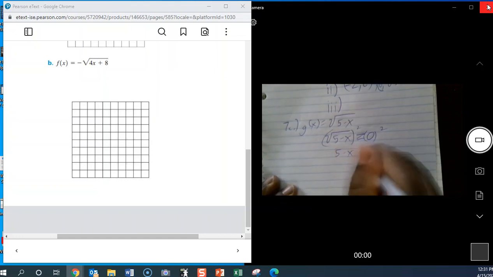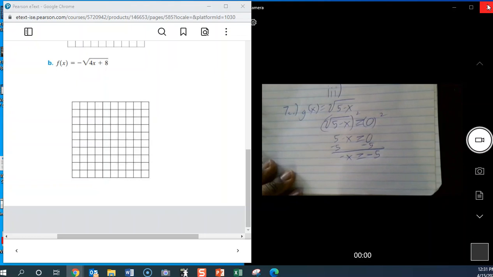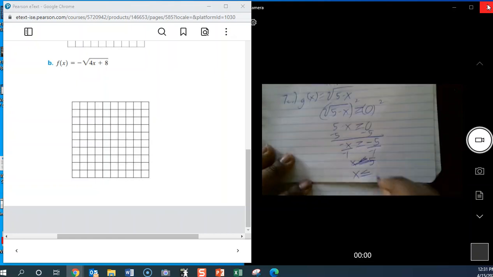And you have 5 minus x is greater than or equal to 0. Subtract 5 on both sides. And negative x is greater than or equal to negative 5. Now we would divide each side by negative 1. And x is less than or equal to 5, because we were supposed to change the direction of the inequality.